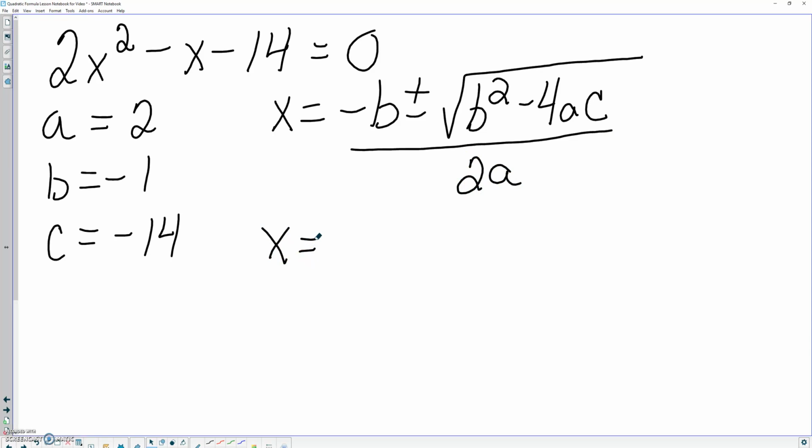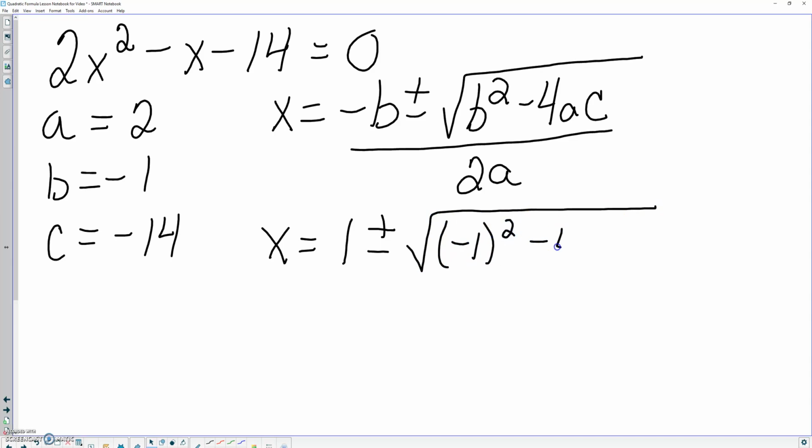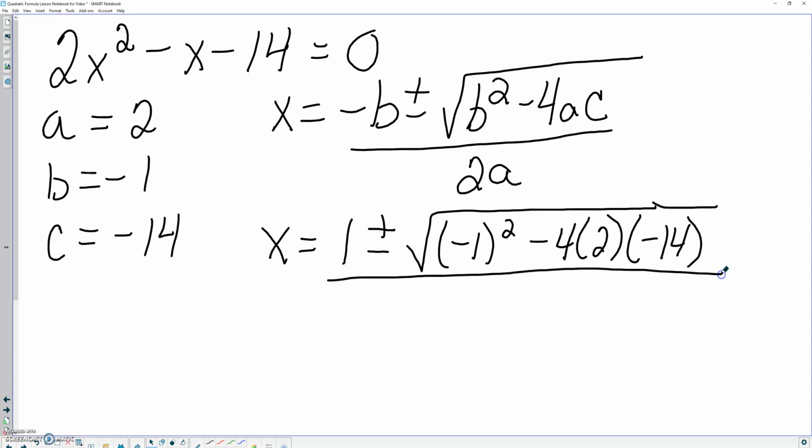Okay, so again, all we're going to do right now is substitute. So the opposite of b, so if b is negative 1, the opposite of that is just going to be positive 1. Plus or minus negative 1 squared minus 4 times 2 times negative 14 all over 2 times 2.